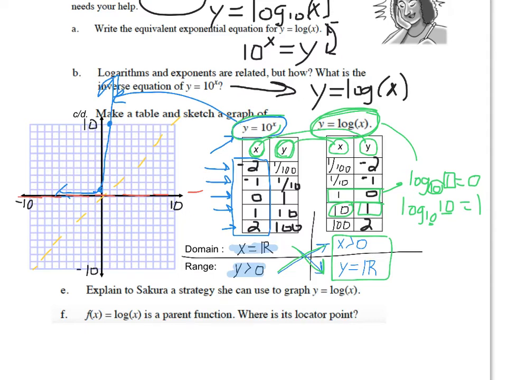So now I'm going to plot my locator points, which are 1, 0, that's right there, and 10, 1, that's right there. 10 squared takes me off the graph, and 1/10, negative 1, that's going to be right in here, really tight, and my graph is going to look something like this, and that horizontal asymptote that we had on the x-axis now becomes a vertical asymptote on the y-axis.